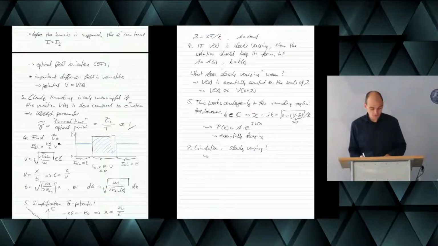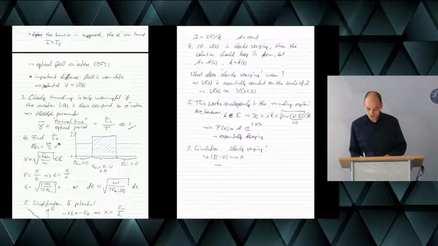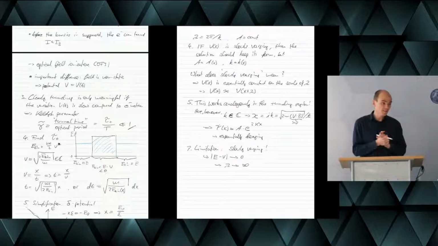When E minus V approaches 0, the wavelength goes to infinity, and then it's no longer possible to speak of slowly varying. So at the entrance and at the exit of the tunnel, these are the problematic regions.